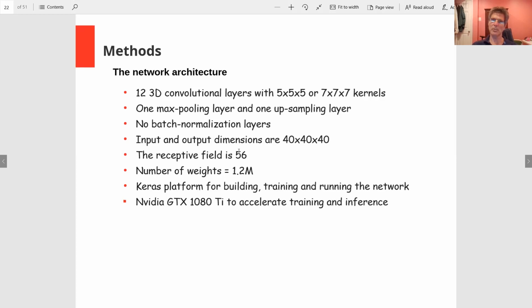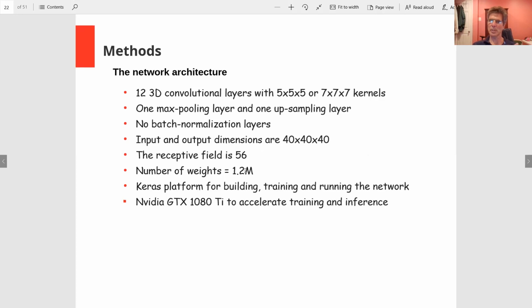The receptive field turns out to be 56, which is good because since you're doing a Fourier transform, each output pixel needs to basically feel each input pixel. And so that means that the receptive field has to be at least as big as the dimension, this 40 by 40 dimension of the image. And that was also a consideration.